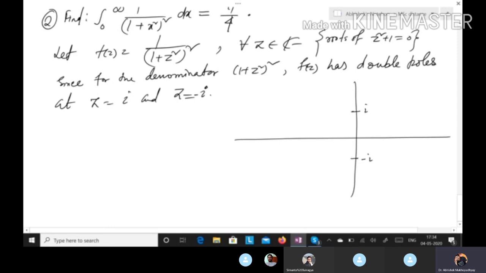So now again our trick is to choose a path gamma which will include the isolated singularities of f(z) within the interior of that path gamma.